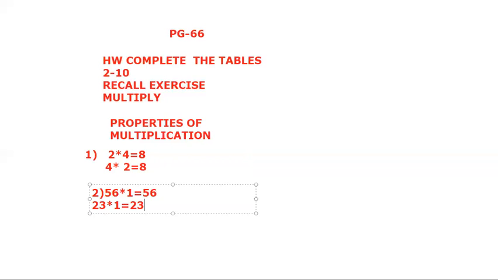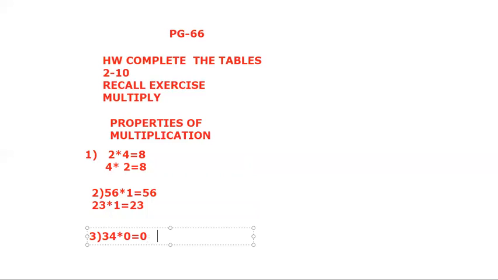Very good. Let me go to number 3. What's written in your book? Product of a number and 0 is 0. Now, if you multiply this number 34 into 0, what will be your answer? Always 0.